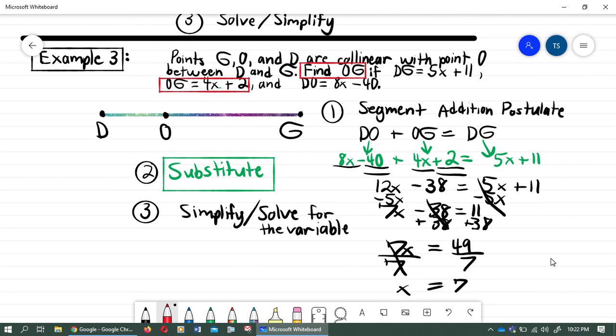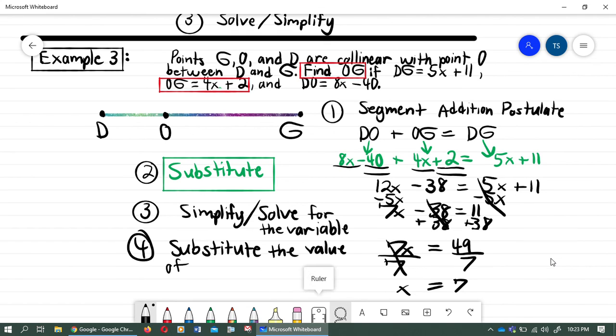So last thing here, you guys, is to go ahead and plug in, or substitute again, the x value, or the value of the variable. You know what I'm talking about.